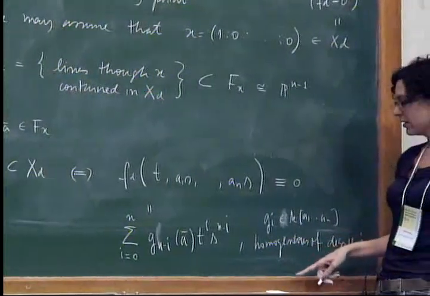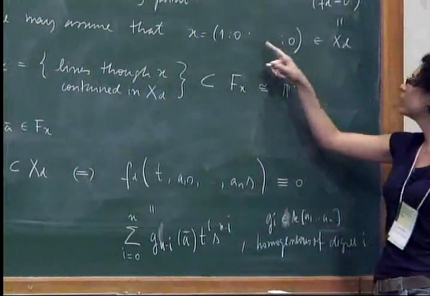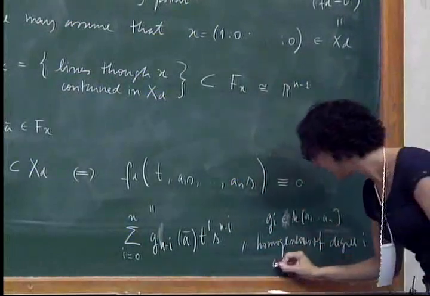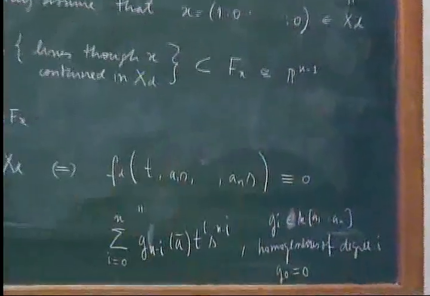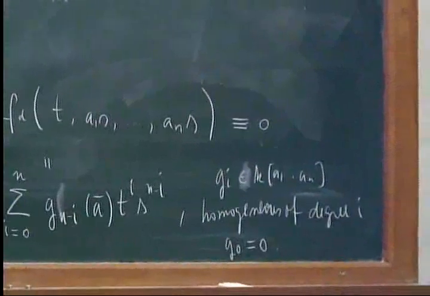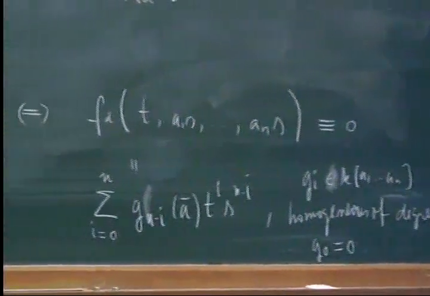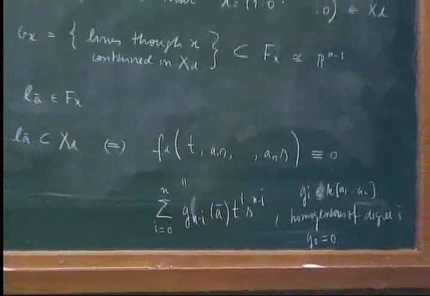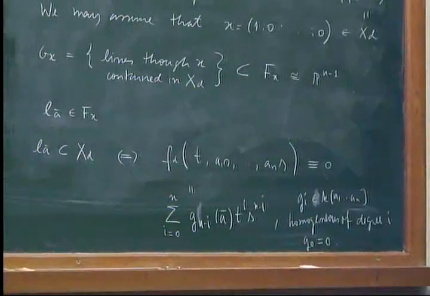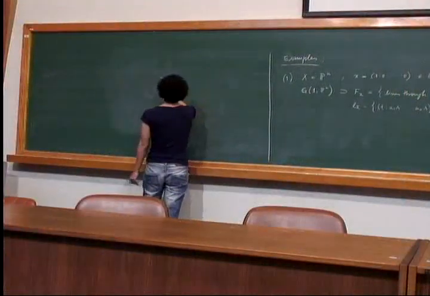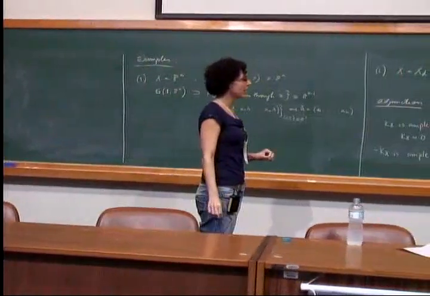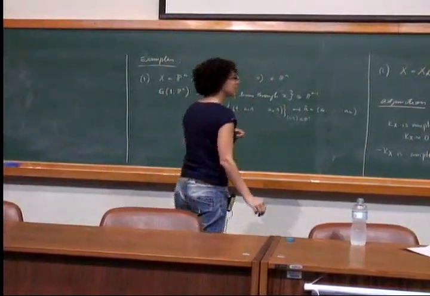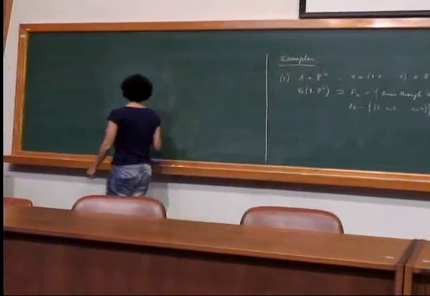And notice that the fact that the point belongs to the hypersurface tells us that g_0 is 0. So the conclusion is that G_x is defined by exactly d equations inside F_x, inside P^{n-1}.